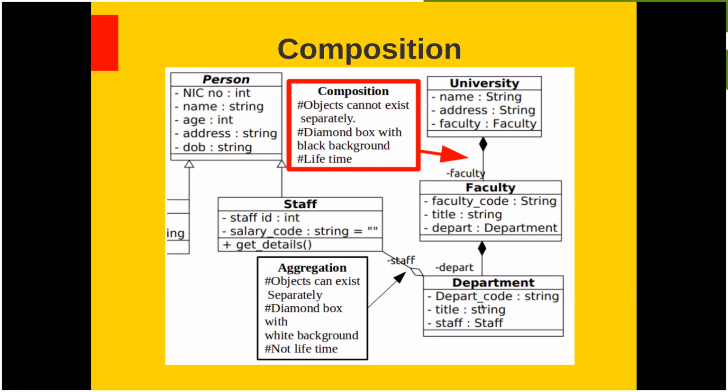Staff, department, and faculty also have aggregation and composition relationships. But these are lifetime, so we draw them as diamond boxes with a black background.